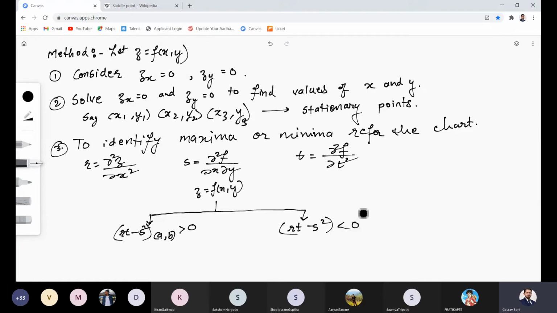So if rt minus s square is greater than 0, then we have the condition that it is maxima or minima. Our first task is to check rt minus s square at a given point. If it becomes greater than 0, then it will have an extreme value.